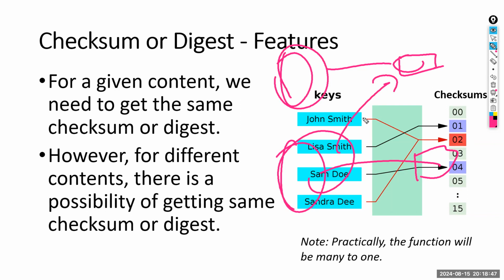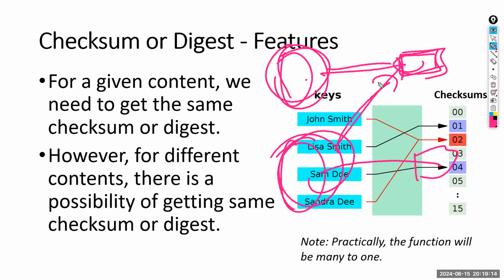That is because we try to generate a smaller content. So when you generate a smaller content from a bigger content, there's always possibility of collision. Two things map to the same thing. So that is something that we can't get rid of. That is something we can minimize, but two different contents generating the same digest is something that we cannot eliminate.